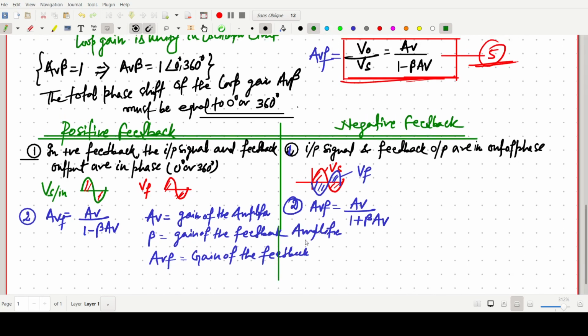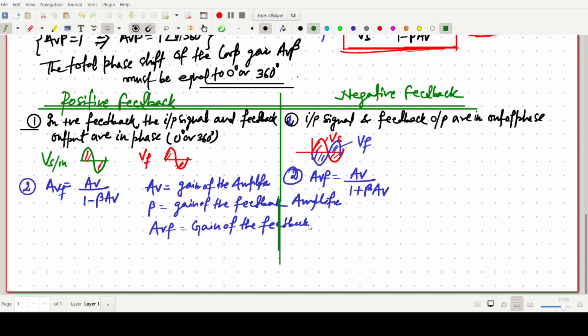Now I'm going to write the third point. In positive feedback, the stability decreases, but in case of negative feedback, stability increases.